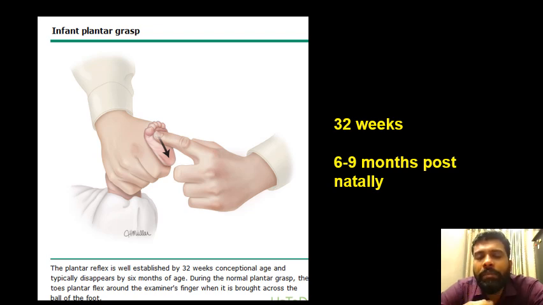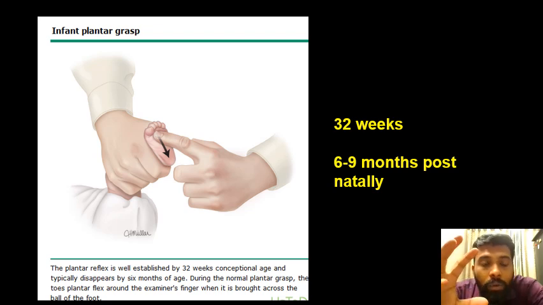Okay. The time where it disappears is a bit more variable. The plantar reflex is well established by 32 weeks, and it typically disappears by 6 to 9 months of age. During the normal plantar grasp, you see the direction of the stimulation. Okay, the toes plantar flex.